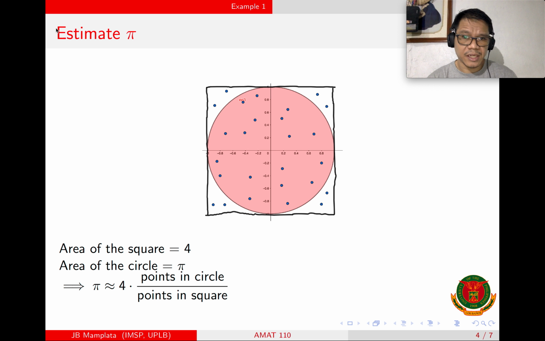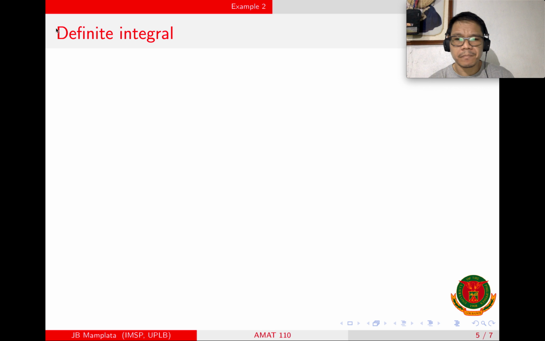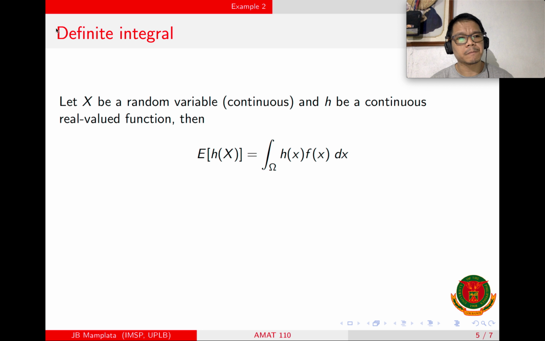Now, let's have another example. How do we now use Monte Carlo simulation for finding the definite integral? Okay? But in order to do that, kailangan nating kuhanin yung concept na 'to from the concept of expectation or finding the expected value of a random variable.